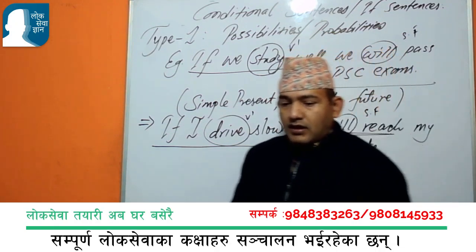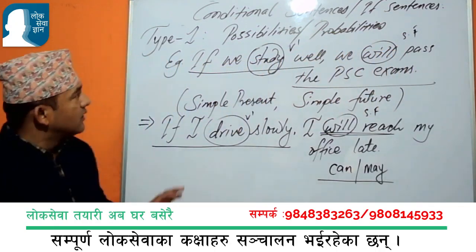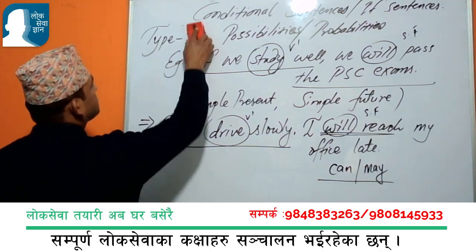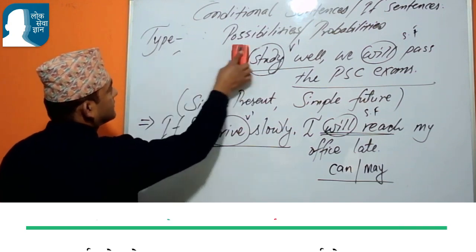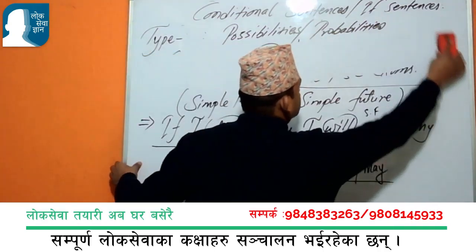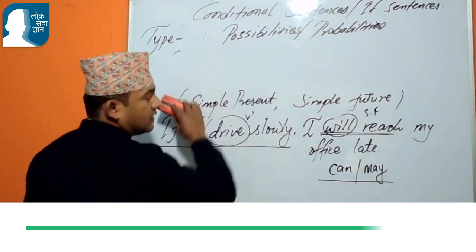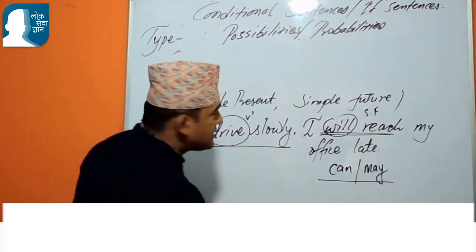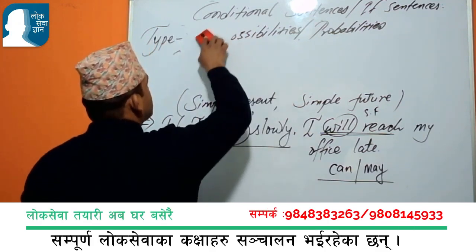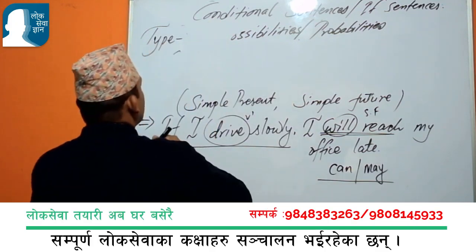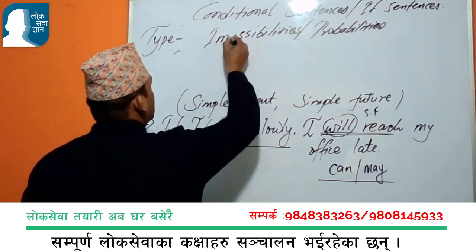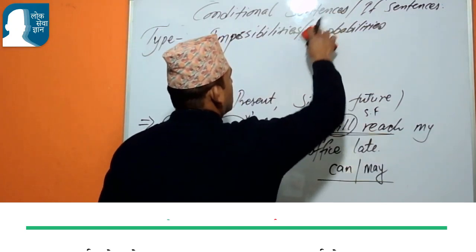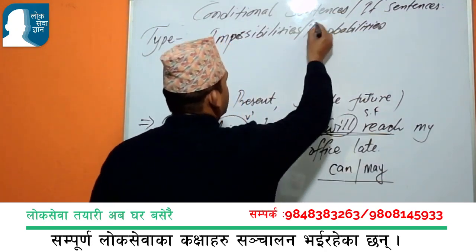Okay, let's go to the next, type 2 conditional sentence. Type 2 conditional sentence expresses the meaning like impossibilities or improbabilities.